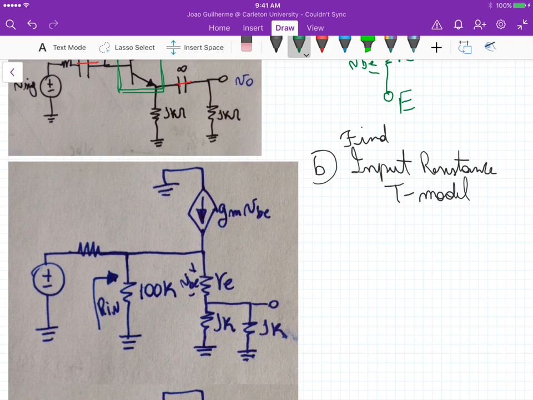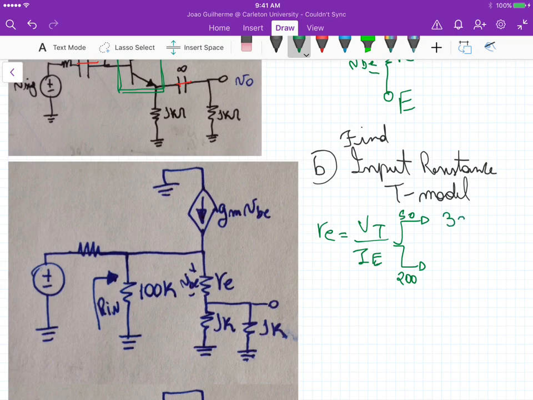And we know that RE is equal to the thermal voltage divided by the emitter current. And again, the emitter current changes with beta. So this gives us two values of RE depending on the value of beta. So for 50 and 200, RE is 25 millivolts divided by 0.78 milliamperes.